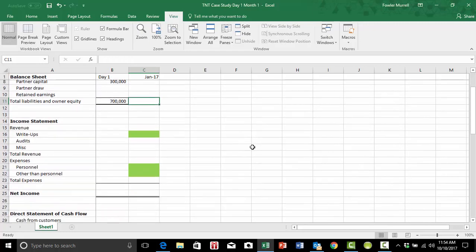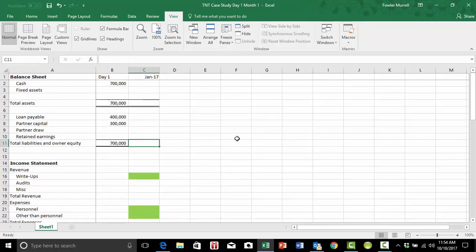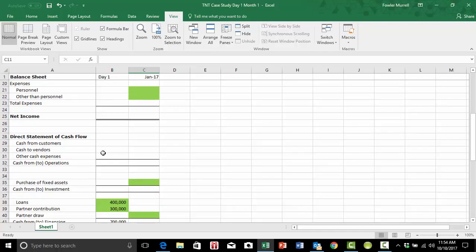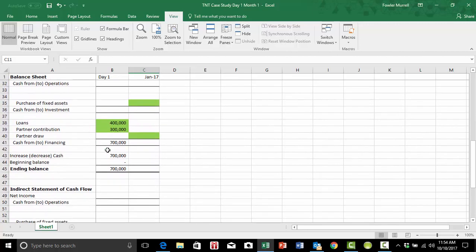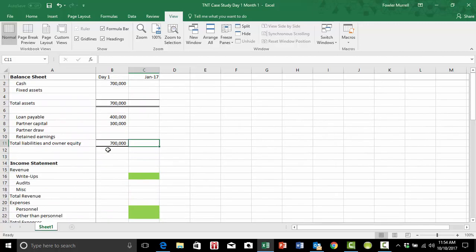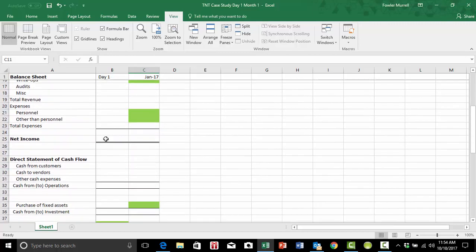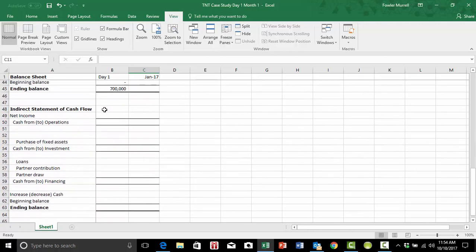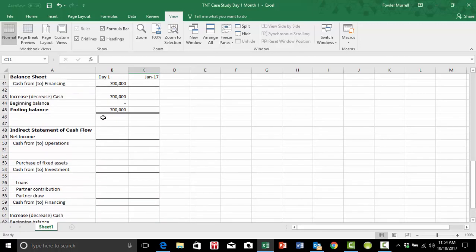$700,000. Okay, so we have the income statement, which had nothing. We have a direct statement of cash flow, which we've completed. The balance sheet, we've just completed. And the last piece is the indirect statement of cash flow. The indirect statement of cash flow is basically like the direct statement of cash flow, except for the operations section. We have no operations at the moment.